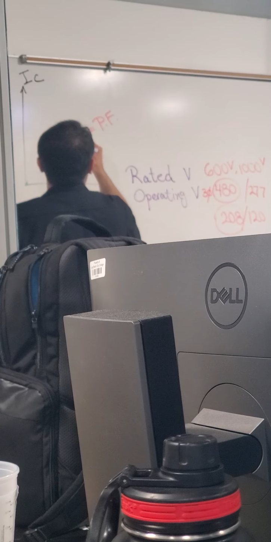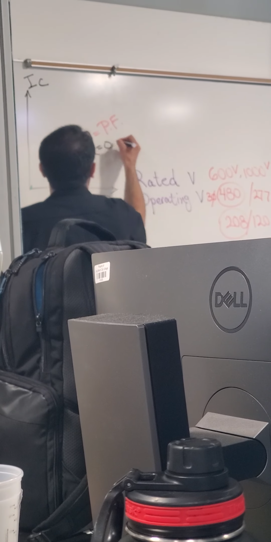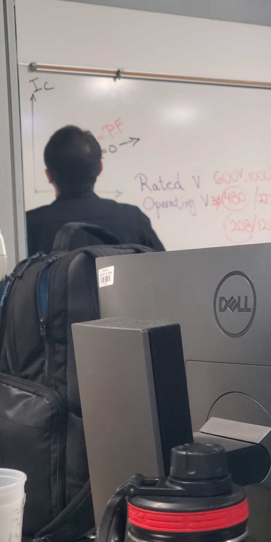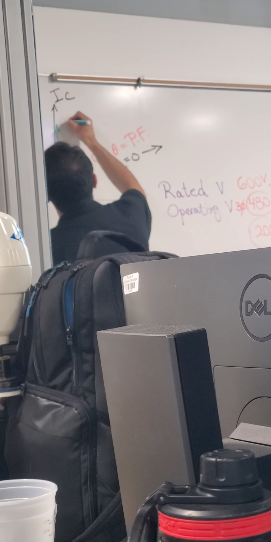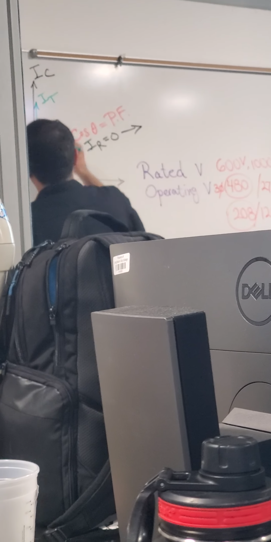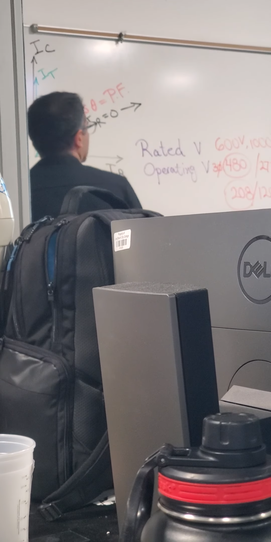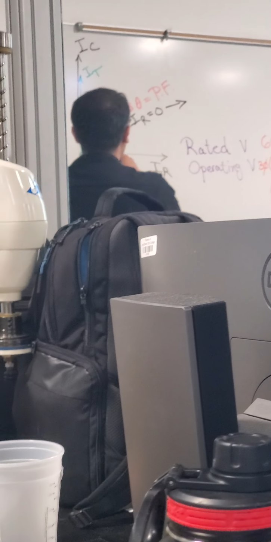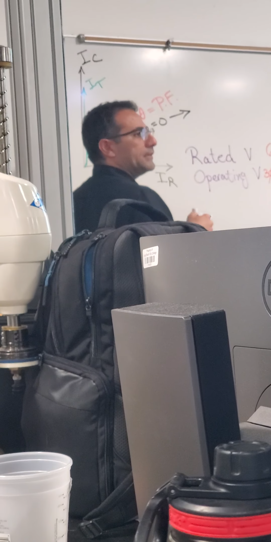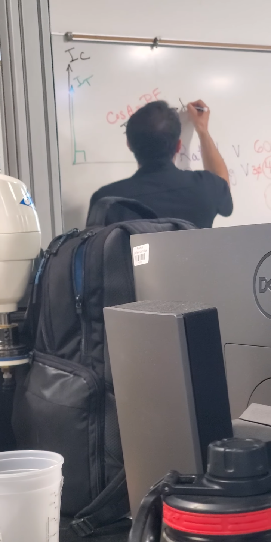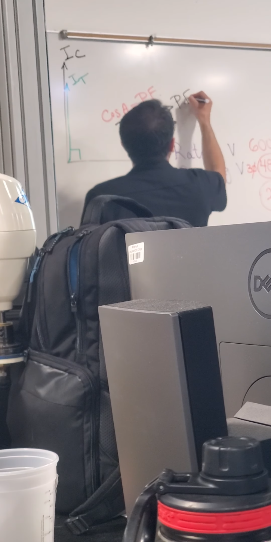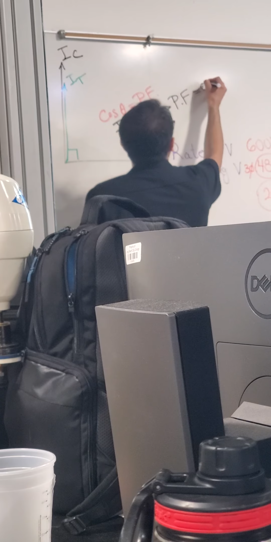If my IR is 0, then my total current is going to be the same as my charging current. And this is going to be a 90-degree angle. What's the cosine of 90 degrees? 0. That's why for perfect insulation, the power factor is 0.